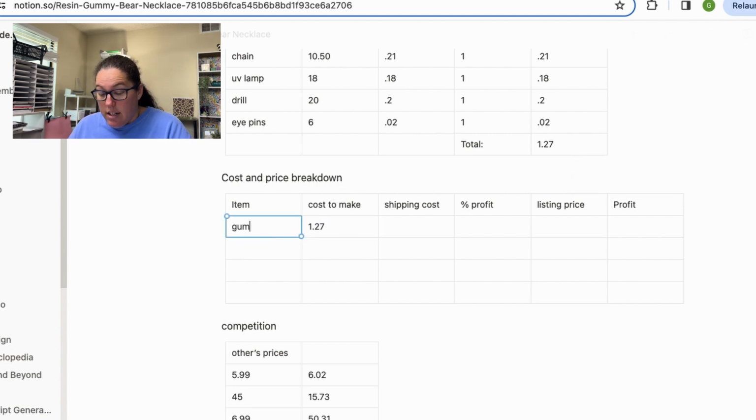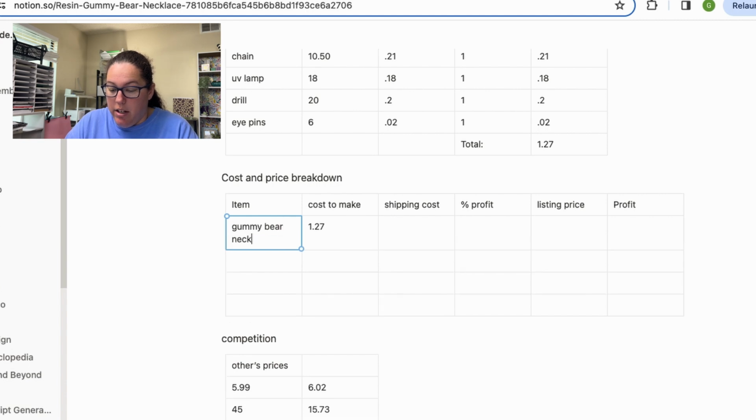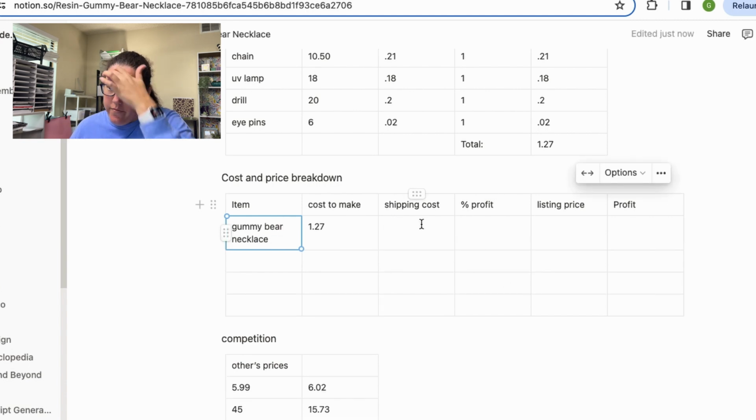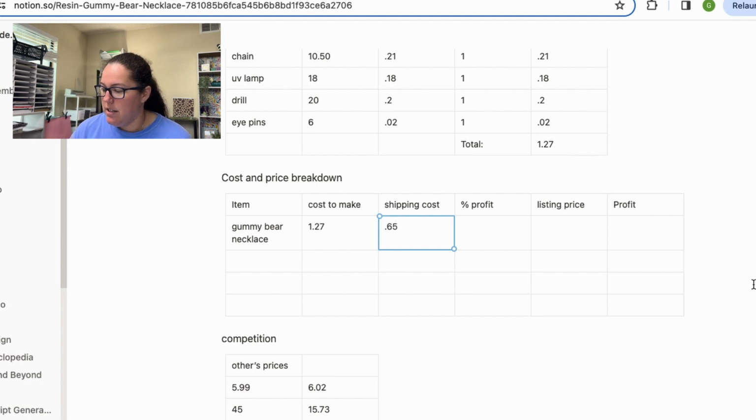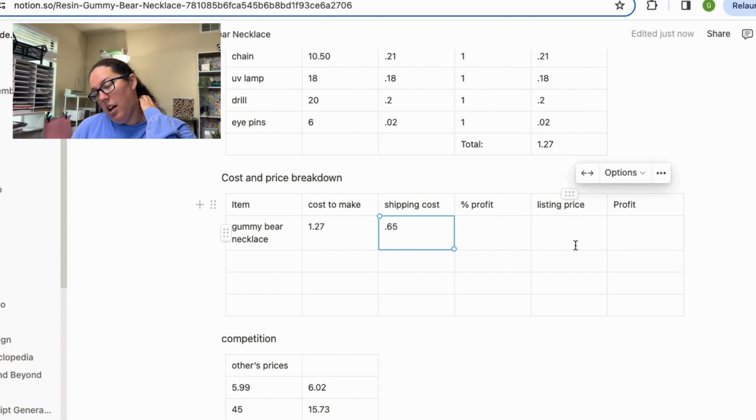And that is the gummy bear necklace. Shipping cost, it'll probably be the same. I'll probably just ship one, kind of like my stickers, just in an envelope. So I believe that's like 65 cents. And so if you look at that, 1.27 plus 0.65, that's 1.92.